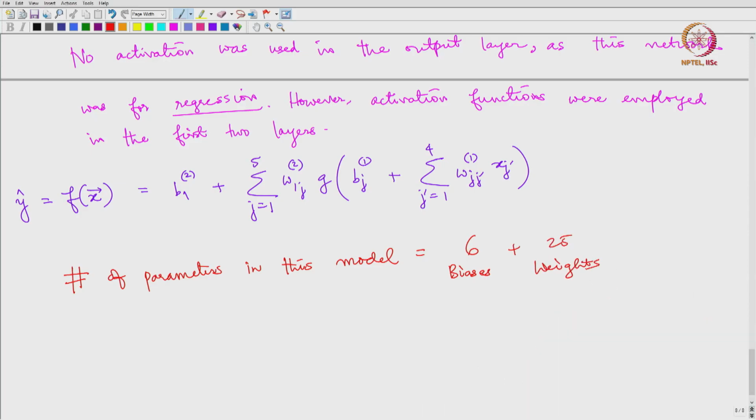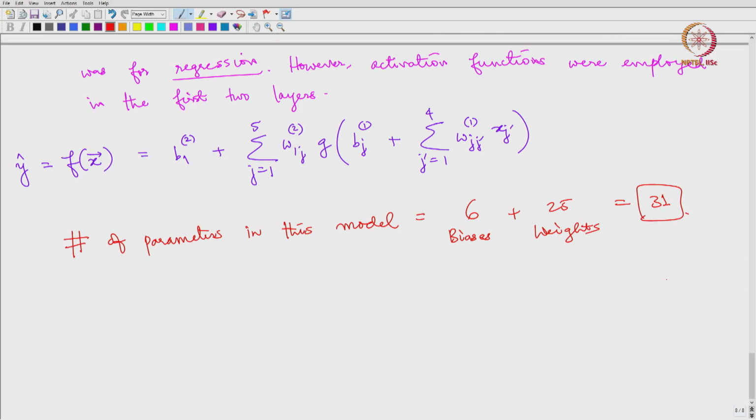You can again go up and check your notes, but you will see this calculation was explained in detail last time, and therefore, there are 31 parameters in the model. For now, we have already specified the model architecture. So, that is good, the hyperparameters are already known. What is now required is we need to go ahead and set these model parameters.